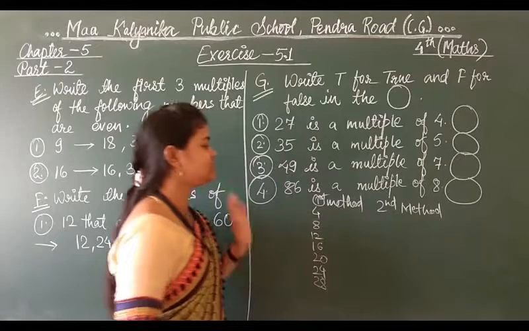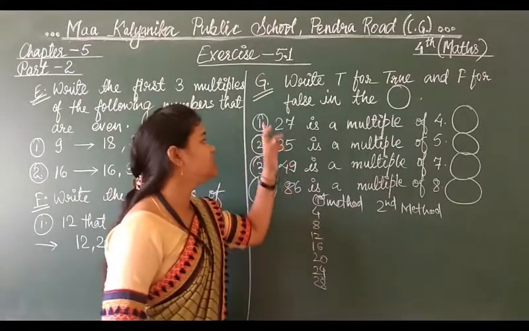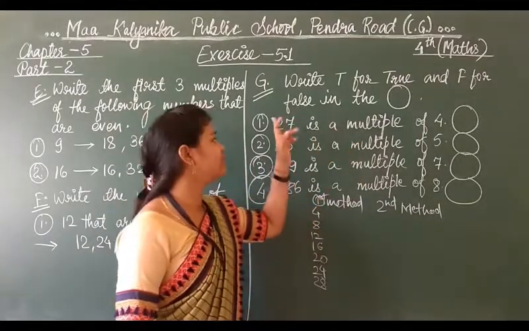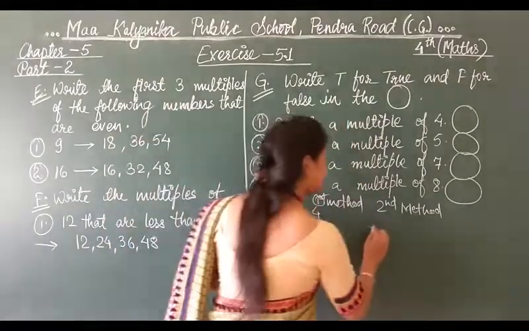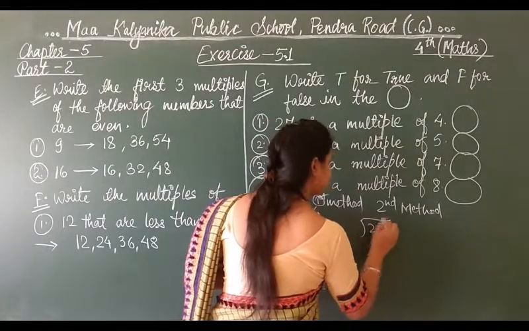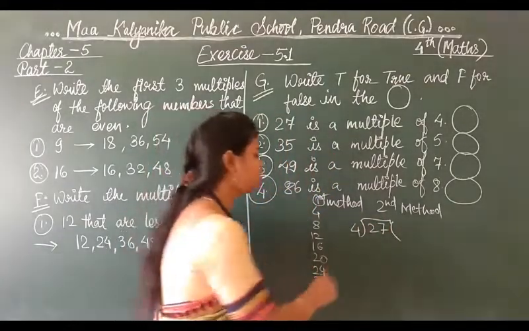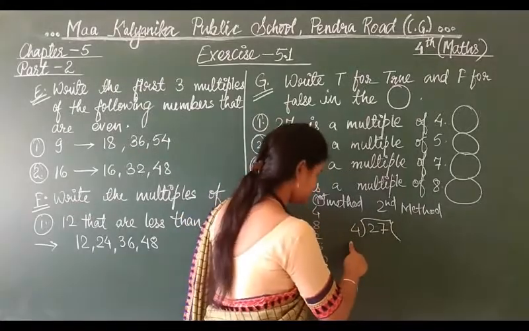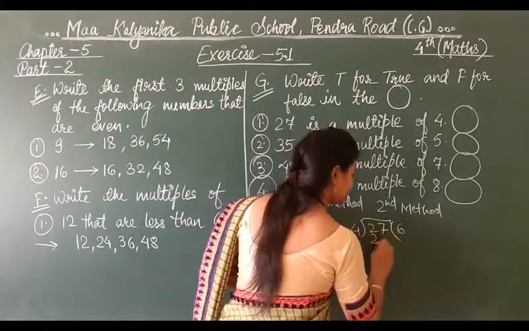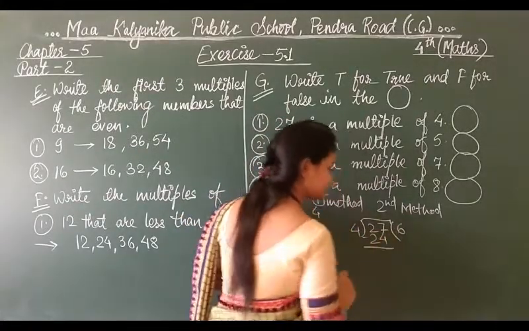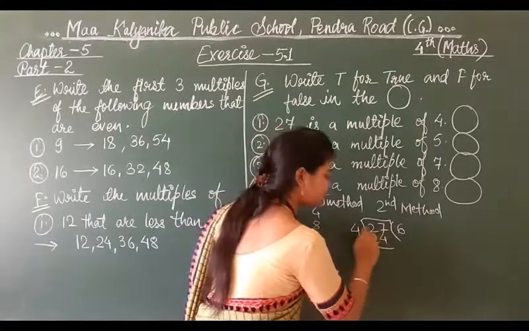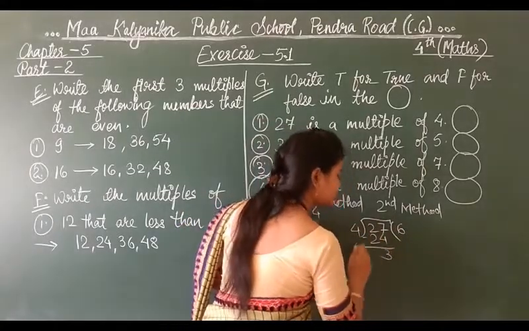the second method is you can divide this number by 4, that is, 27 divided by 4. Let us divide and check. 4 sixes are 24, 4 sevens are 28, which is more than 27. So 4 sixes are 24, 27 minus 24 is 3.